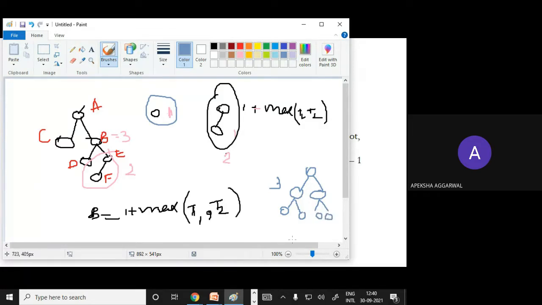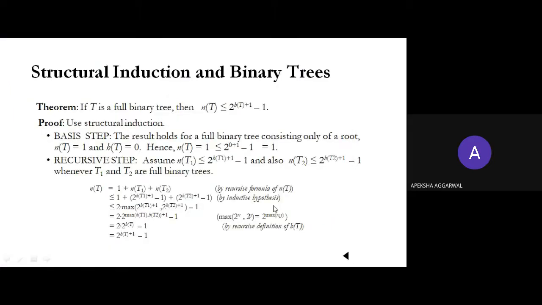So 1 less than 2 to the power 3. Okay. So it is asking about the number of nodes. So over here 1 less than 2 to the power 1, 1 less than 2 to the power 2, 1 less than 2 to the power 3. Right? Correct? So that is what you have to prove using induction.